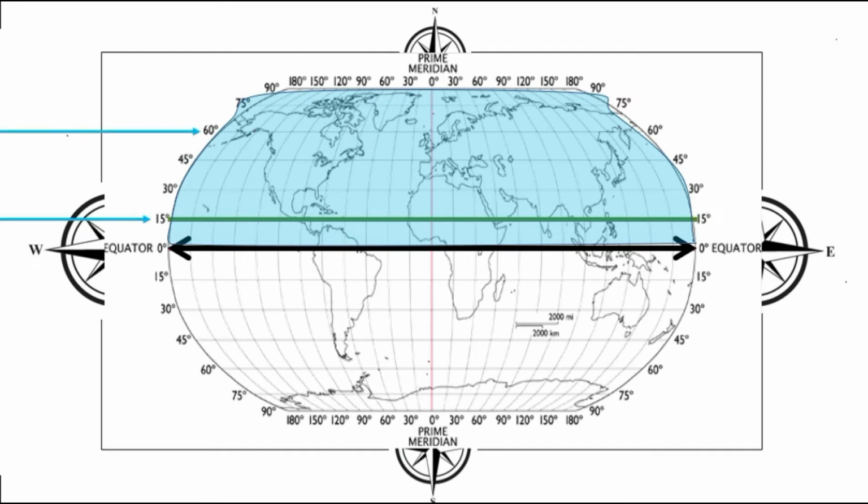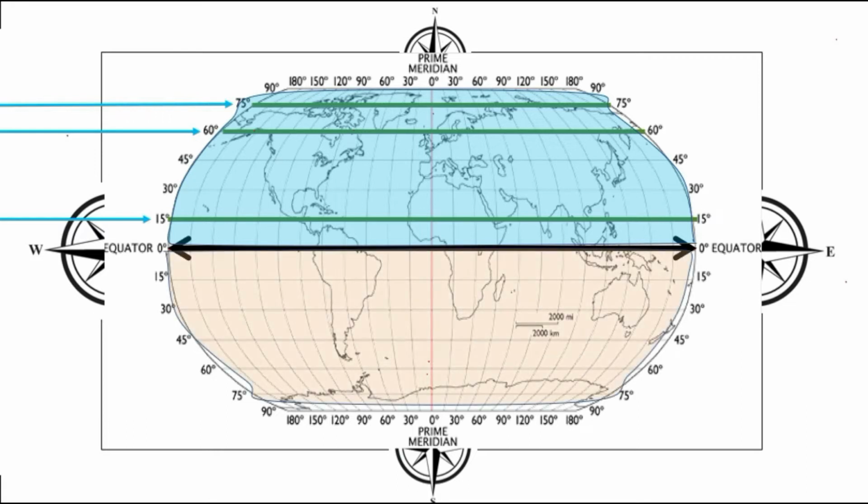Here's another one. The name of this latitude line is 60 degrees north. 60 degrees because of the number, and it's called north because it is in the northern hemisphere, north of the equator. Here's another one. This latitude line is called 75 degrees north. Now let's take a look at the southern hemisphere.